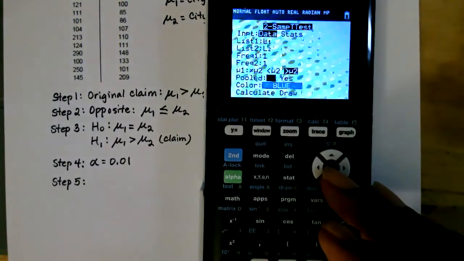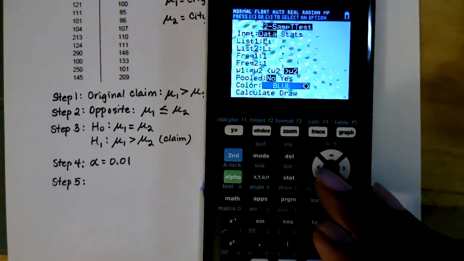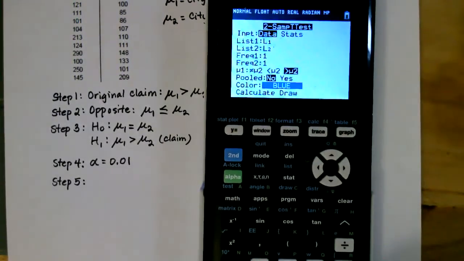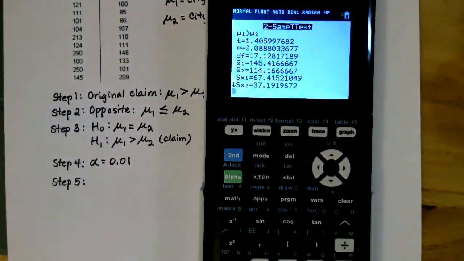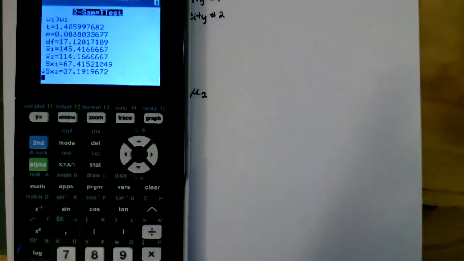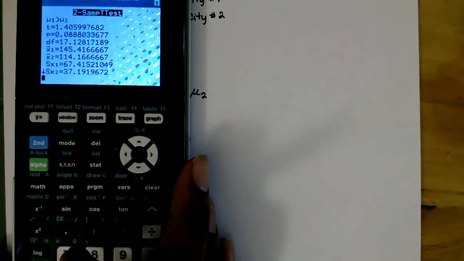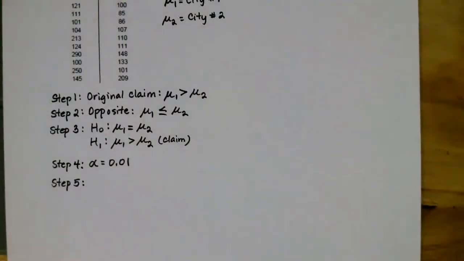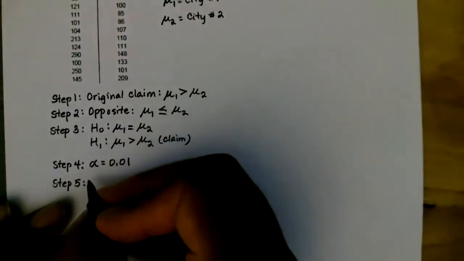Pooled remains no. Don't worry about the color and go to calculate. Highlight that, put the cursor on top of it, and press enter. And take a look. You do have your test statistic given to you. And the p-value.